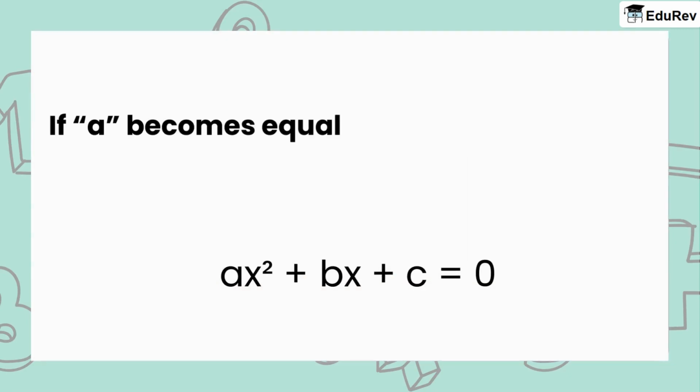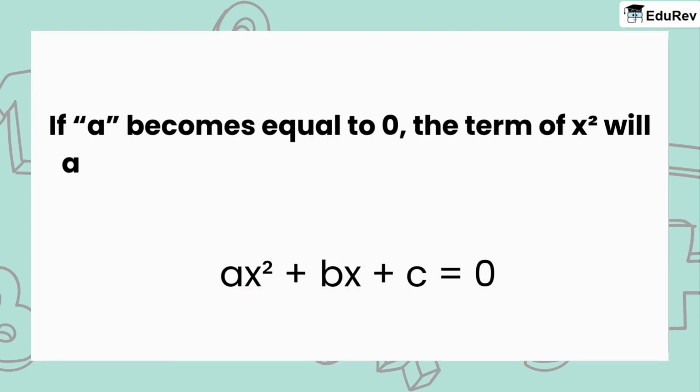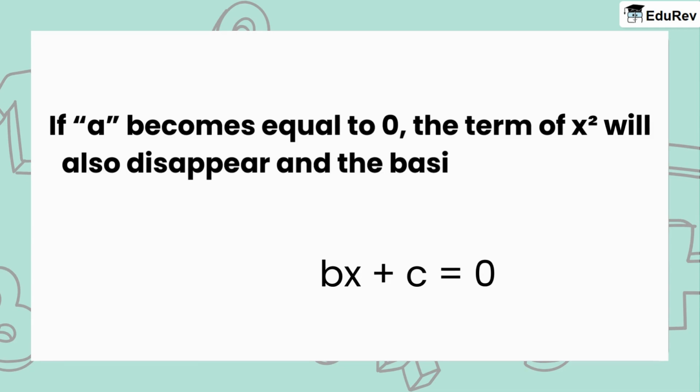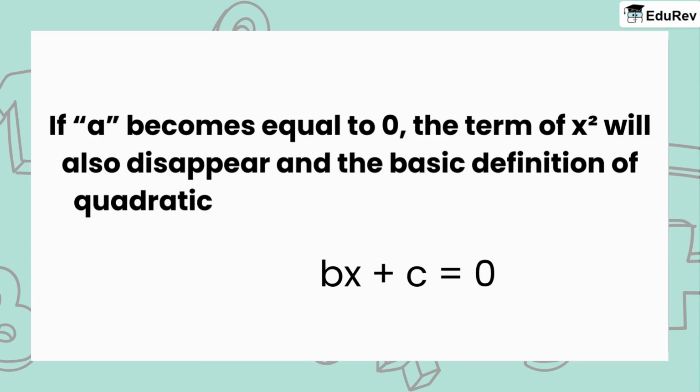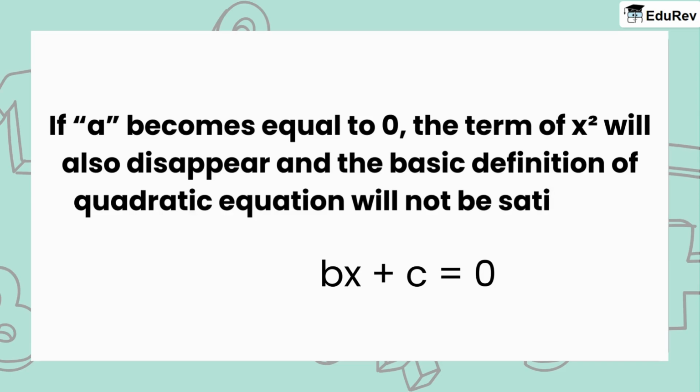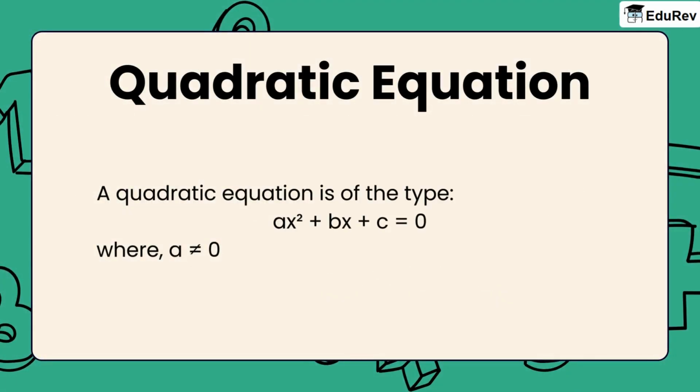Because if a becomes equal to 0, the term of x² will also disappear, and the basic definition of quadratic equation that the equation has highest power of 2 will not be satisfied. So, always remember, a quadratic equation is always of the form ax² + bx + c = 0, where a is not equal to 0.